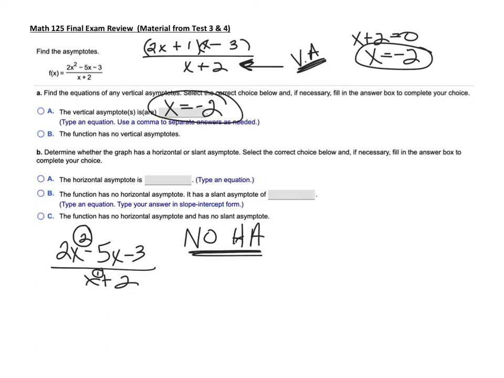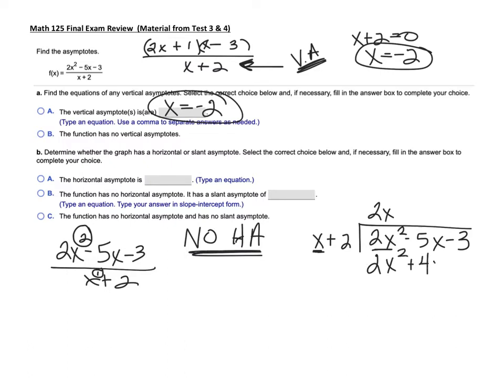So we need to find the slant. And the way you do it is you can divide the fraction, divide the bottom into the top. All right. So x right here goes into 2x squared, 2x times. And let's multiply it out. Don't forget to subtract when you subtract each term.